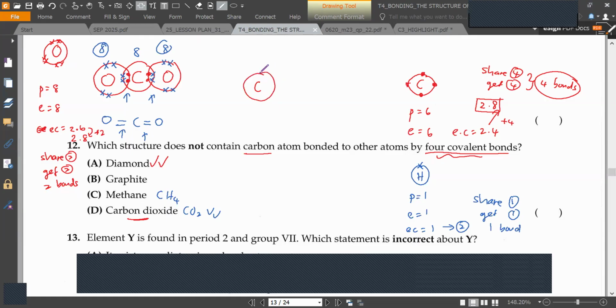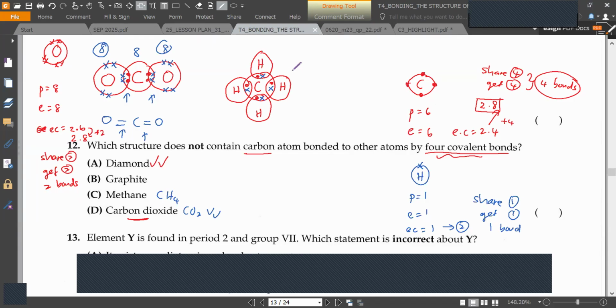Carbon, and then 4 hydrogen. So carbon will be like this: 1, 2, 3, 4. And then hydrogen will be like this: 1, 2, 3, 4. So it works out like this.